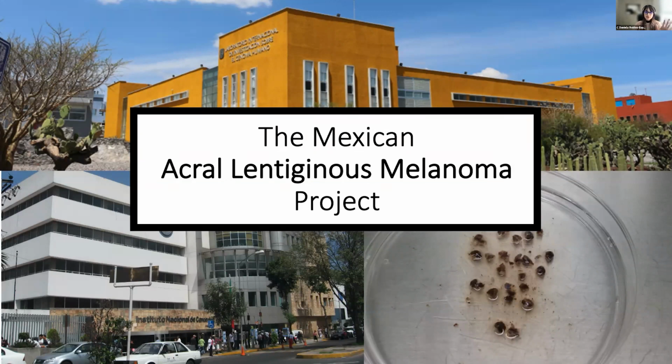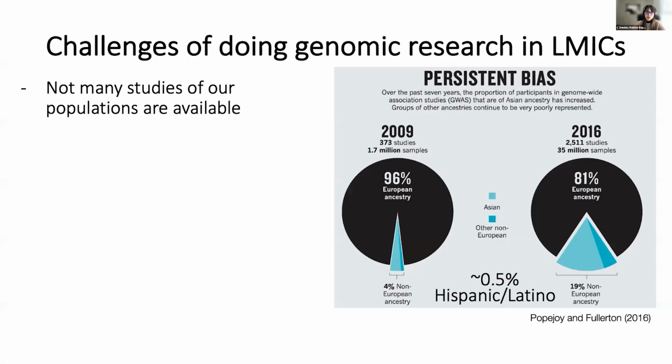Now, before I go into telling you the data, I'd like to spend just a few moments telling you about the challenges of doing genomic research in low and middle income countries. I know that maybe some of the attendees to this meeting will find that they are in this situation as well. First, there are not many studies of our populations available, and there have been papers and other studies that indicate that ethnicity plays a role in cancer risk and progression.